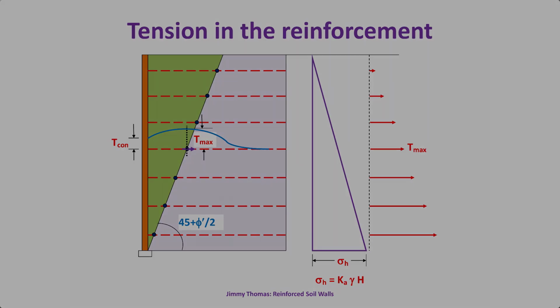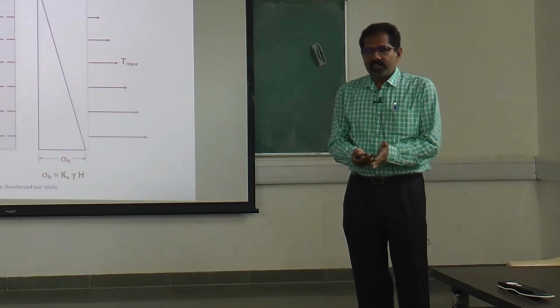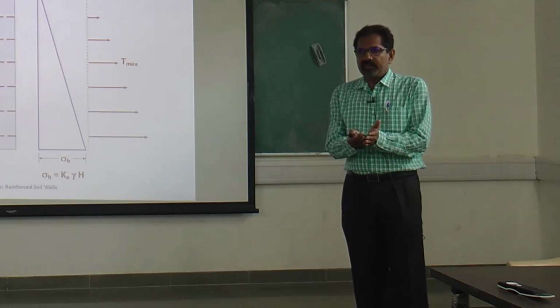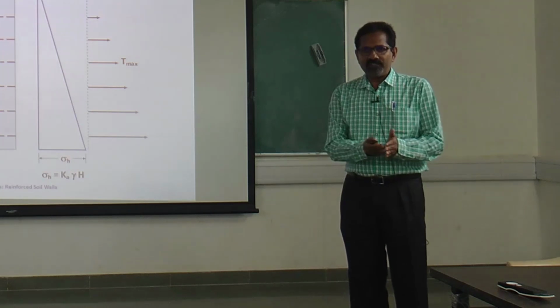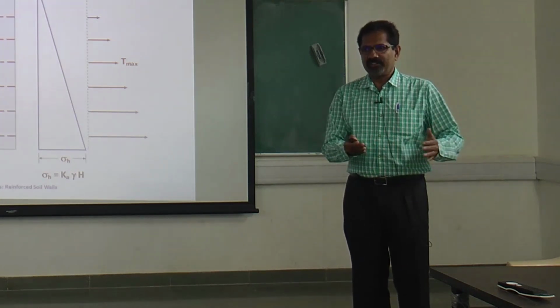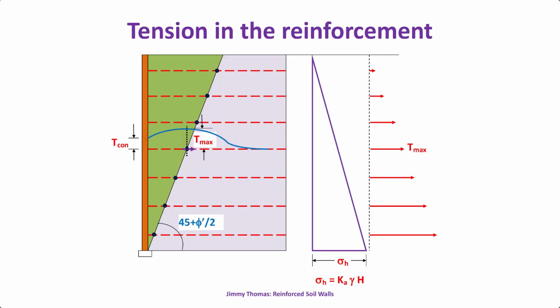If we recall the concept of development length in reinforced concrete, where the tension is maximum in the reinforcement, to either side it should have enough bond length. Then only the tension can be resisted. Same way here, we need bond length this side. Sometimes we don't realize we need enough bond length this side also. Then only it can hold this wedge in equilibrium.